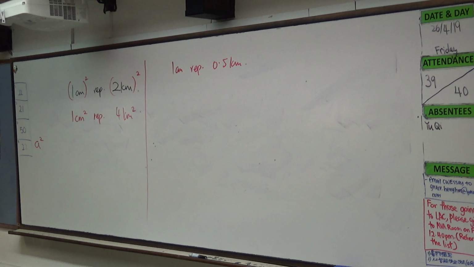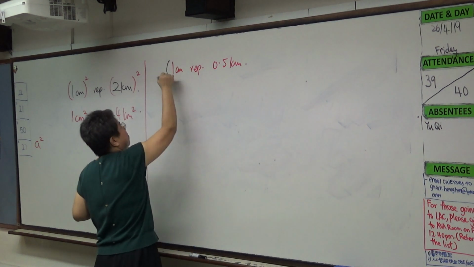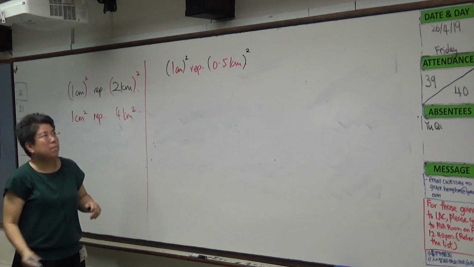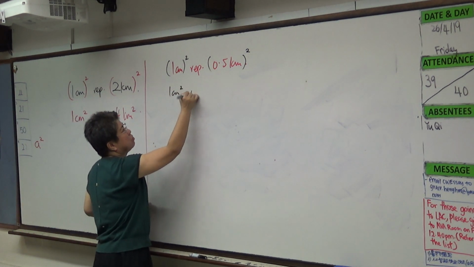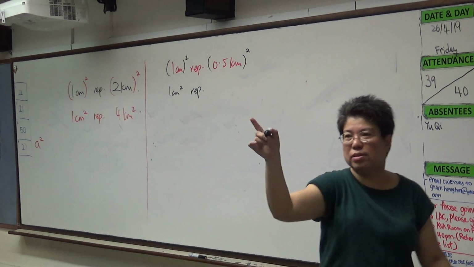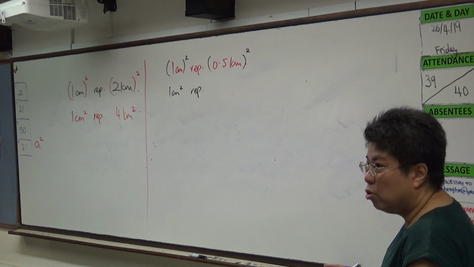Now I cannot do it yet because I haven't got the area scale. So what do I do? Focus. Same thing. I square this side. I square this side. So this one will give me 1 cm square represents 0.5 times 0.5. What's the answer? You don't know, you press calculator, please.